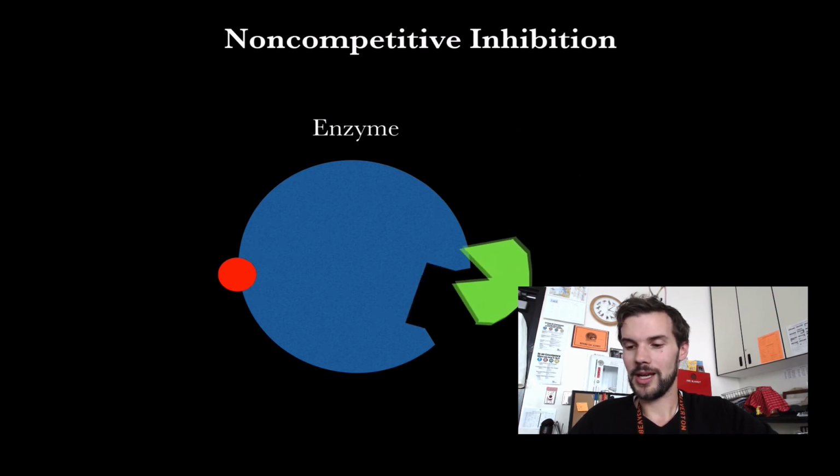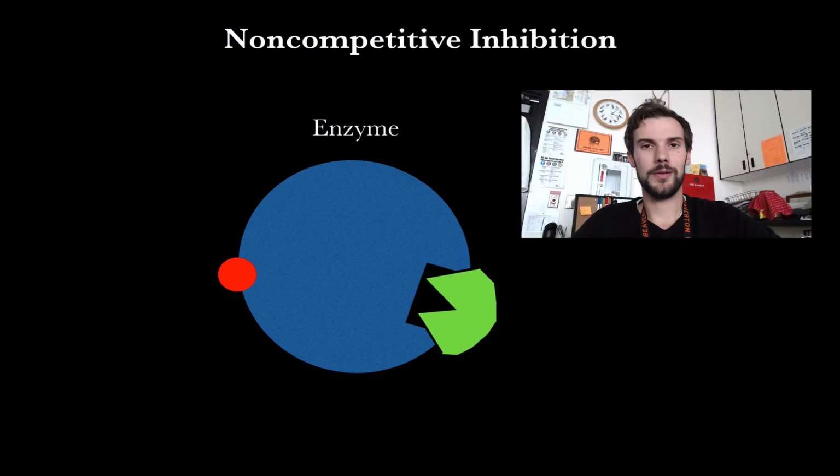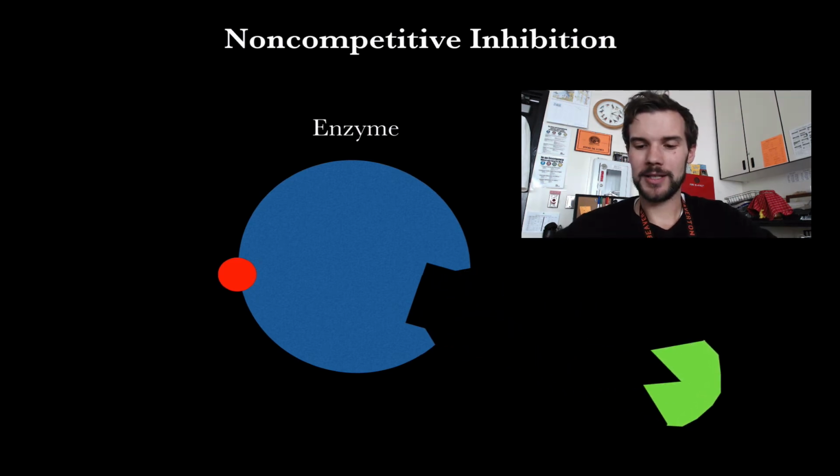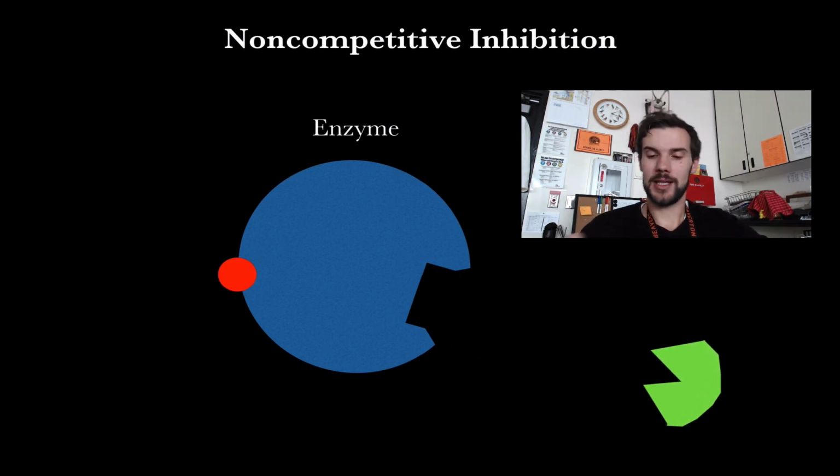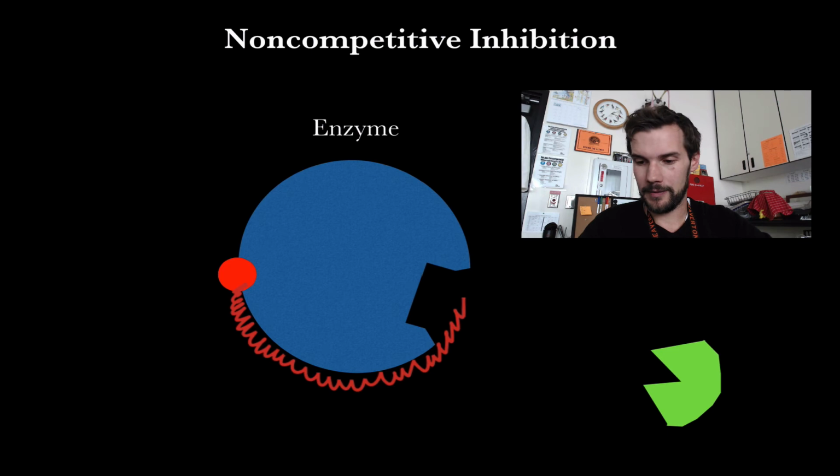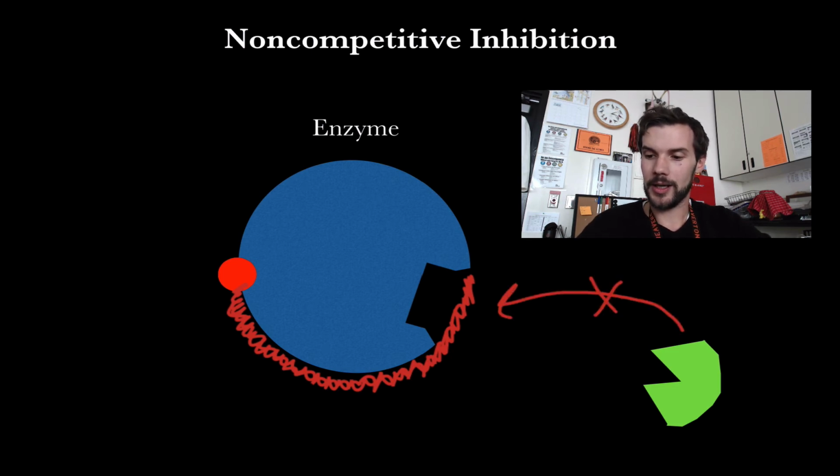So when the substrate actually tries to fit in there, it won't go into induced fit. Another type of inhibition that could happen is where the non-competitive inhibitor will actually have a structure that physically blocks the active site. So this substrate is no longer able to fit into the active site.